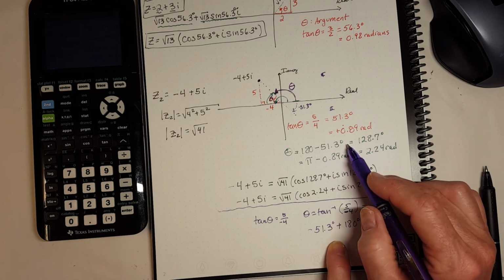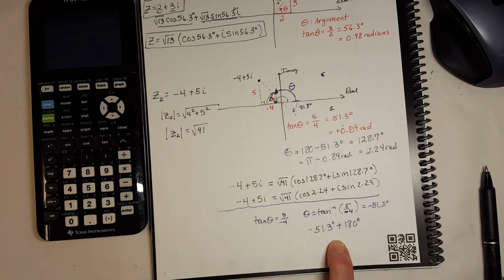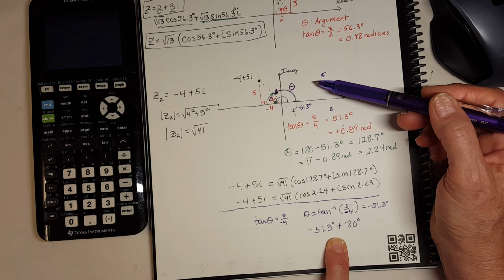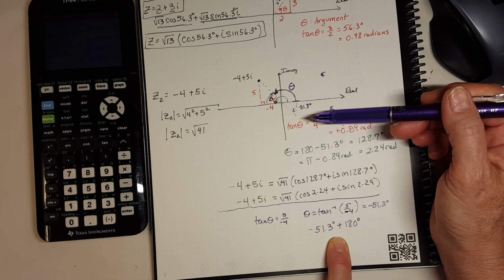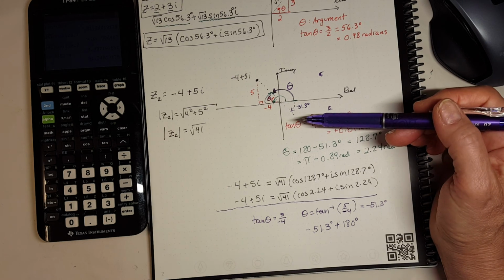I like to draw right triangles and then decide what my angle is by looking at the diagram and the location I'm in. But you are certainly able to just put the negative into the tangent function. If you're not in quadrant 1, you would add 180 to your answer.